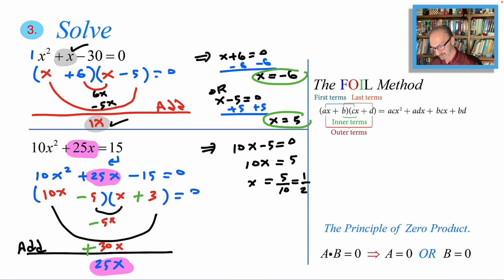The second part is x plus 3 equals 0. Subtract 3 from both sides. I get x equals -3. So we have two answers, and those answers are the 1/2 and the -3. That should do it for number 3. Let's go to number 4.